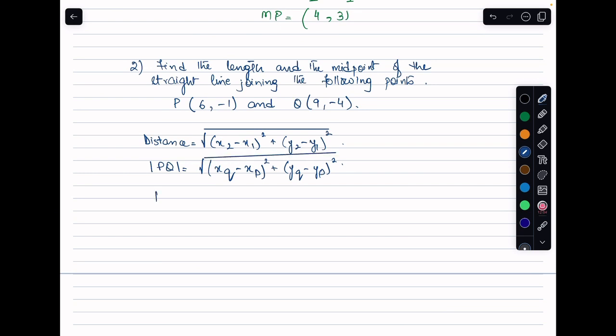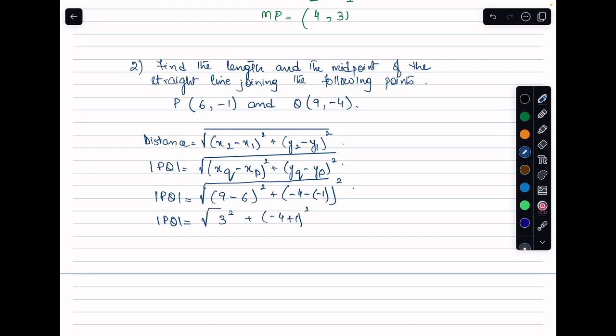So inserting the values of P and Q, I can say that it is (9 minus 6) the whole square plus (-4 minus -1) the whole square. So PQ here is going to be under root 3 the whole square plus (-4 plus 1) the whole square.